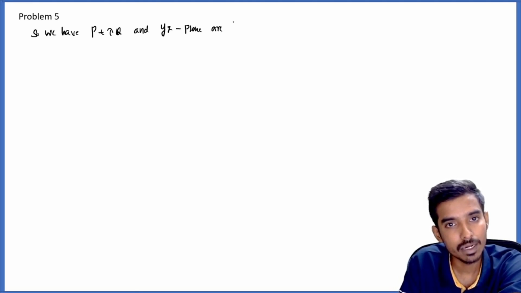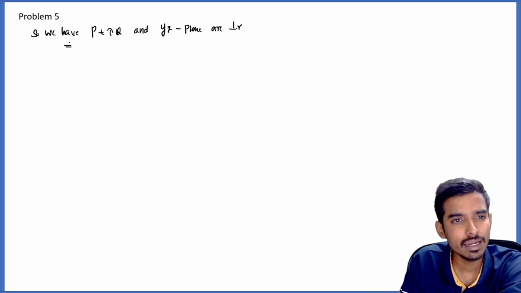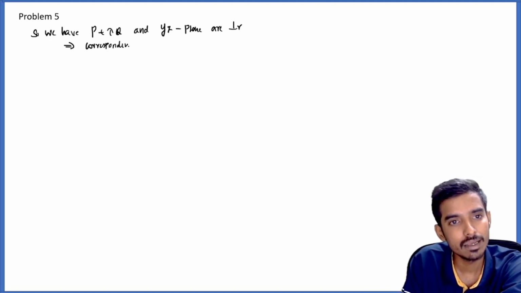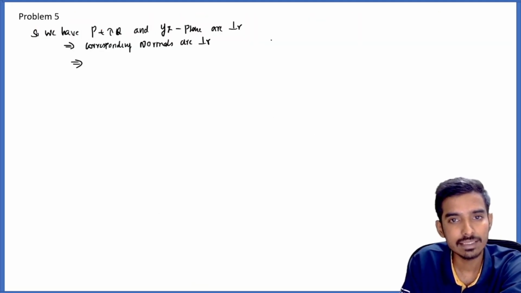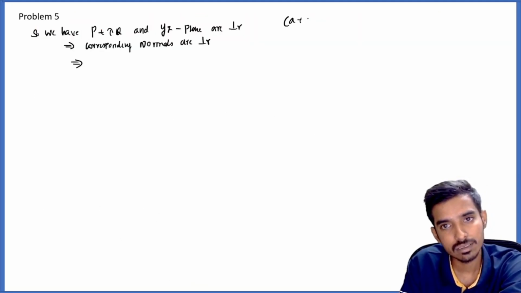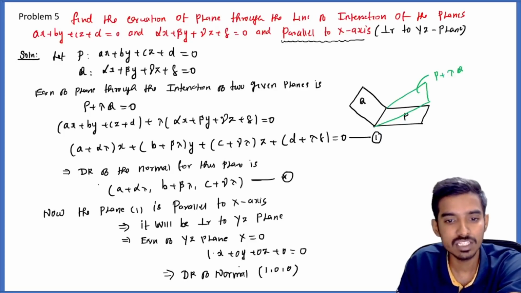When two planes are perpendicular, the corresponding normals are perpendicular, right? This implies this plane has normal a plus alpha lambda, b plus beta lambda, c plus gamma lambda, and yz plane has a normal 1 comma 0 comma 0.